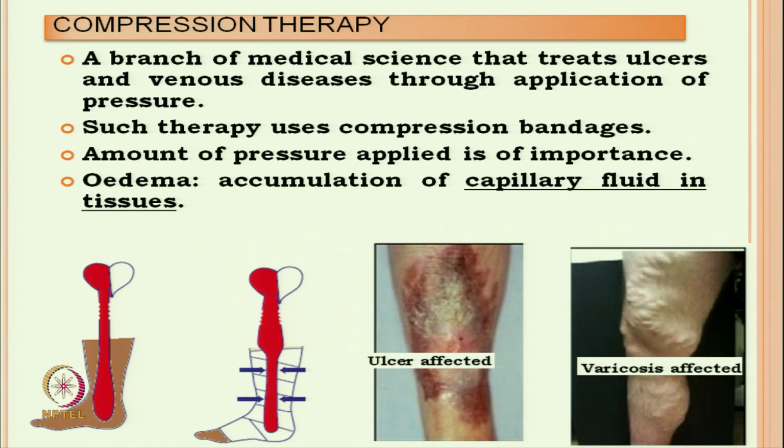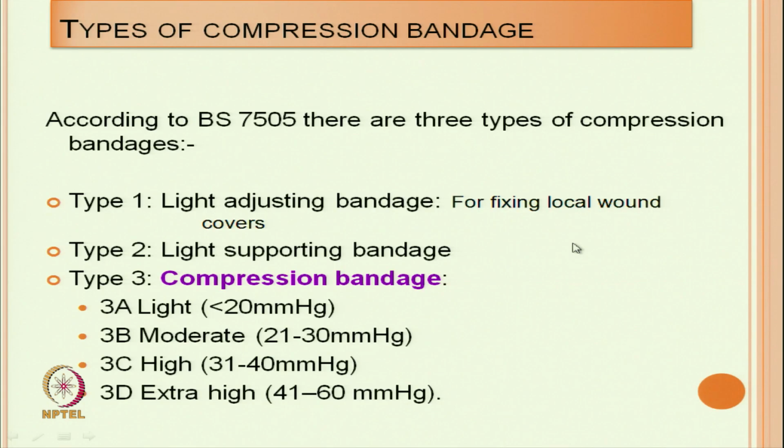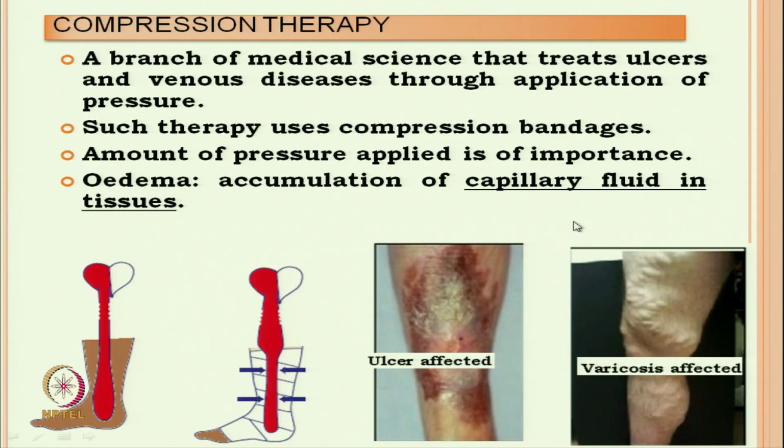So, if we require a lower amount of pressure, then we can use, say, type A, 3A type. Accordingly, if we require higher pressure, we can change our bandage. Oedema is one such disease where there is accumulation of capillary fluid in the tissue.